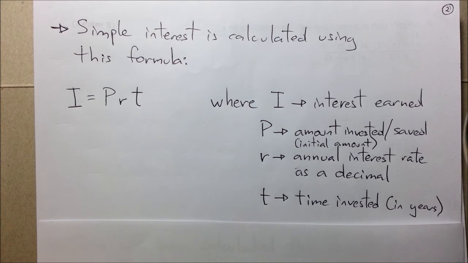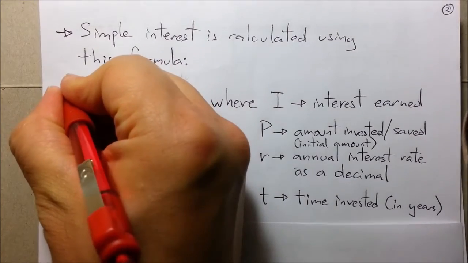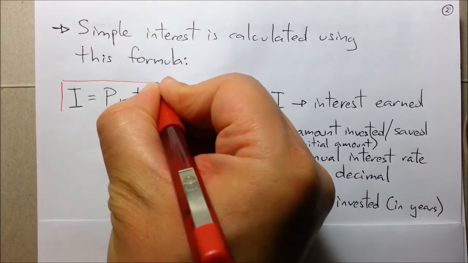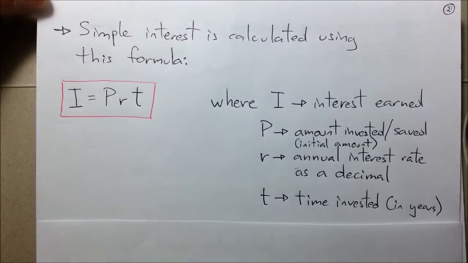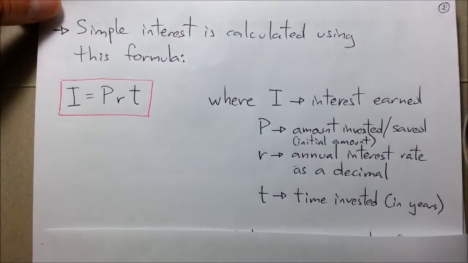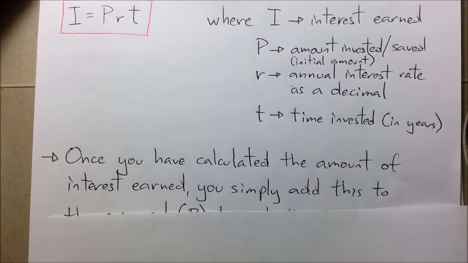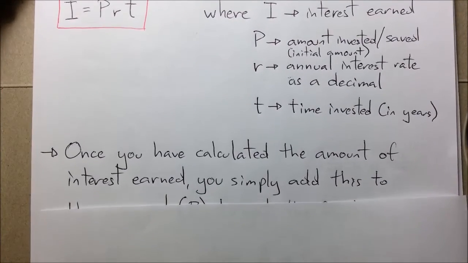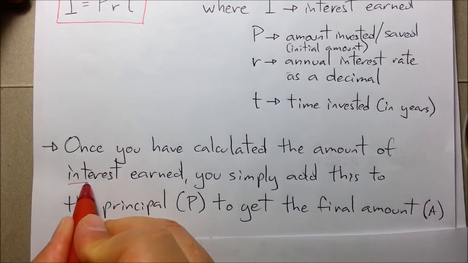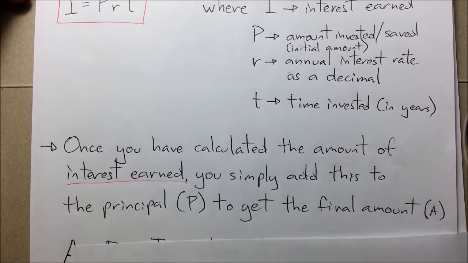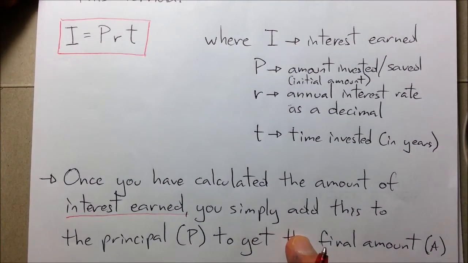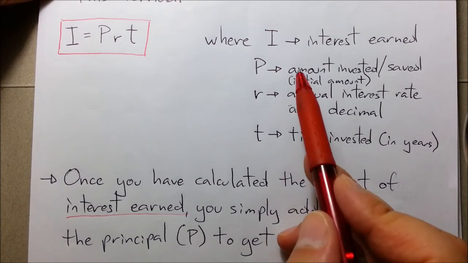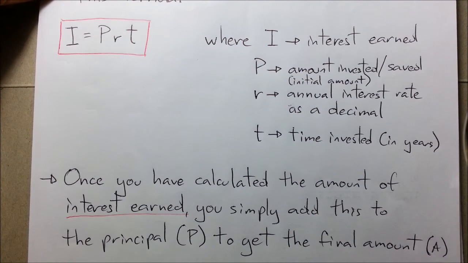So this is the simple interest formula, and we'll see how we would use it. Once you have calculated the amount of interest earned, let's underline this, you simply add this to the principal, to the initial amount, to get the final amount.